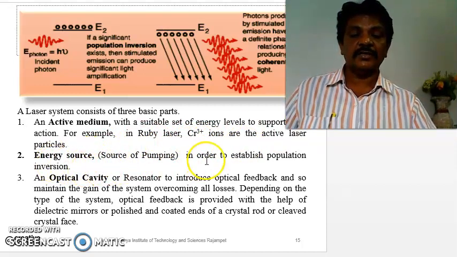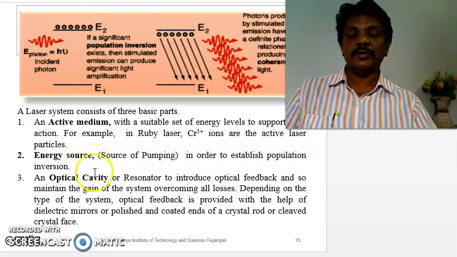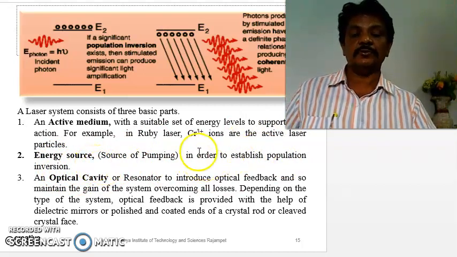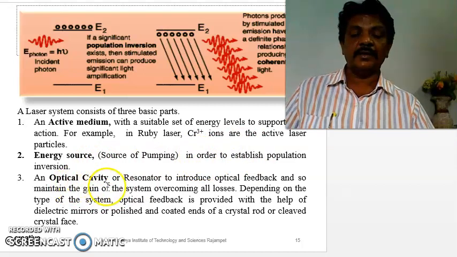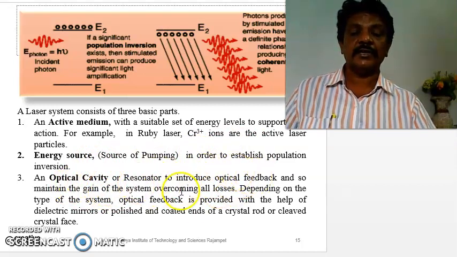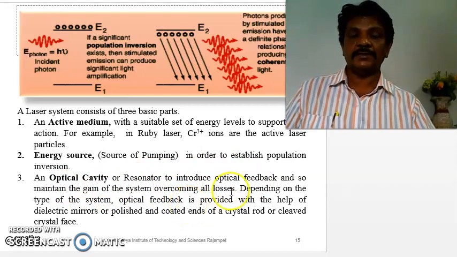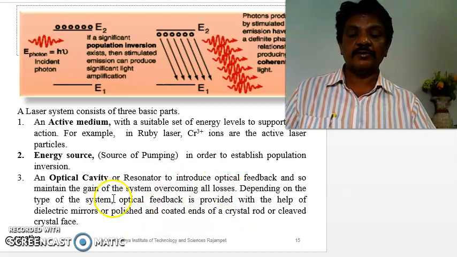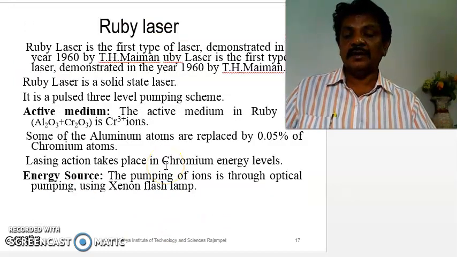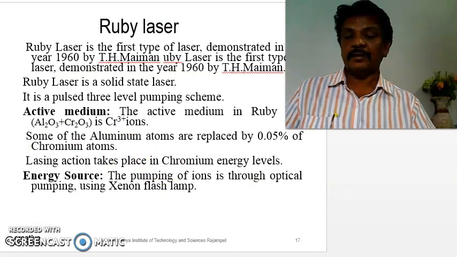The energy source is the type of source applied to get the population inversion, such as an optical source. And the optical cavity is a resonating block where the laser action completely takes place in that enclosure.